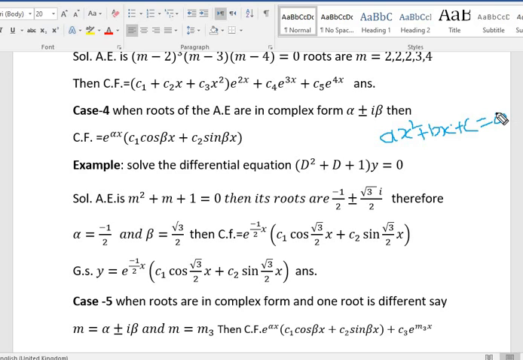This is called a quadratic equation. The solution of a quadratic equation is x equal to minus b plus minus square root of b square minus 4ac, divided by 2a.